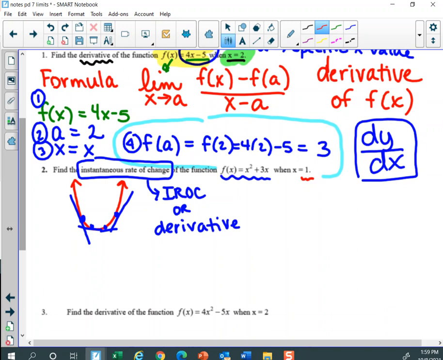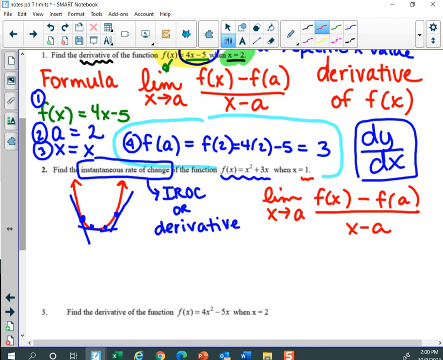So let's start by seeing if you can find the pieces you need to create the limit. That's our formula every time. The limit as x approaches a of f of x minus f of a over x minus a.